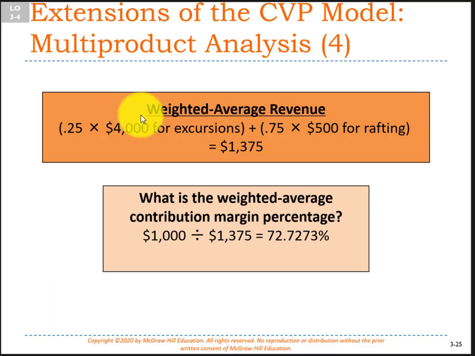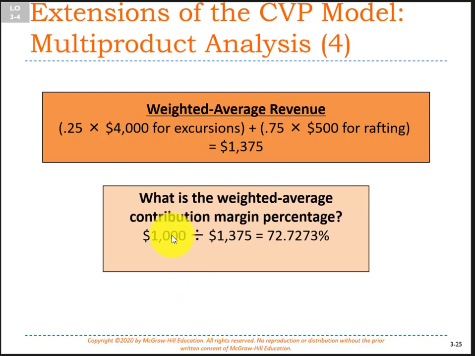Now, if you want to look at it a little differently, you can figure out the weighted average revenue, the weighted average variable costs, or the weighted average contribution margin.